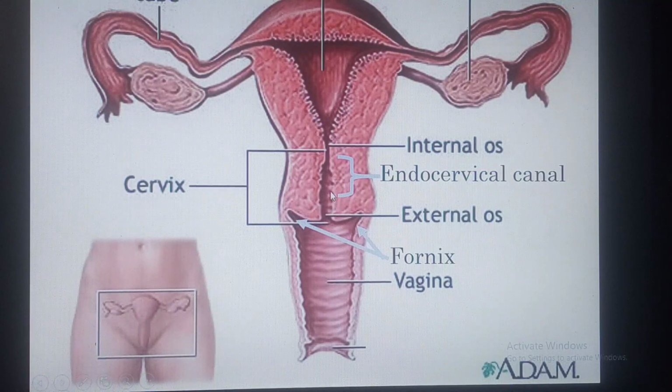This transformational zone can also be referred to as the squamo-columnar junction. Why? Because the ectocervix, being related to the vagina, will be endowed with stratified squamous non-keratinized epithelium. And the endocervix, being related to the uterus, will have simple columnar epithelium. So the junction, where a lot of neoplasias or carcinomas of the cervix can take place, is known as the squamo-columnar junction.